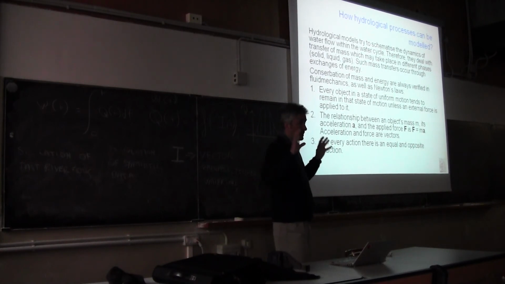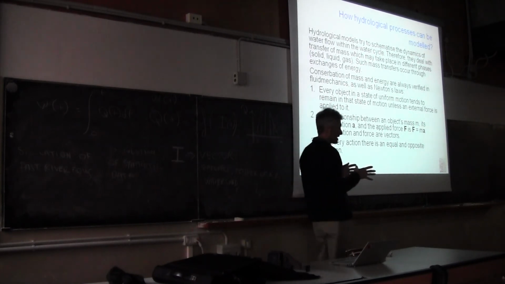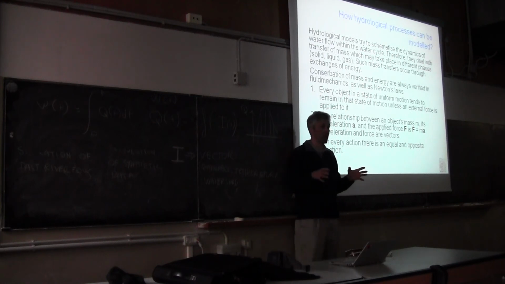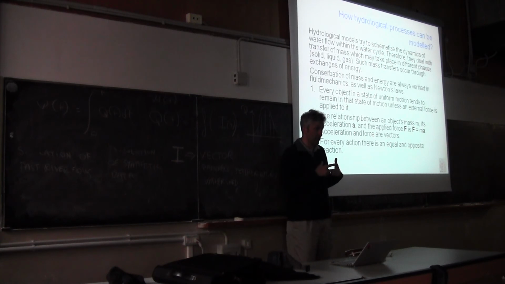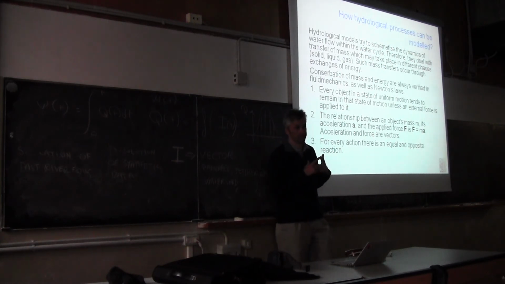What happens in fluid mechanics is movement of water at the expense of energy transformation. And let's consider that when we talk about fluid mechanics, movement of water, we know one important thing, that conservation of mass and conservation of energy are always satisfied.